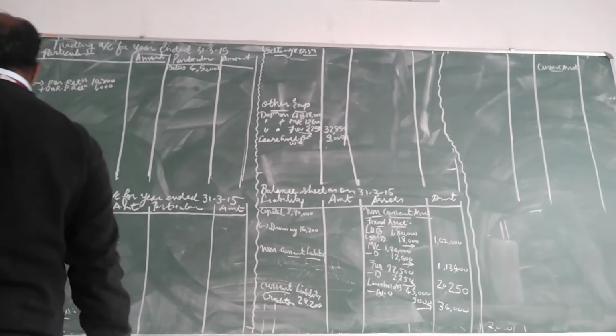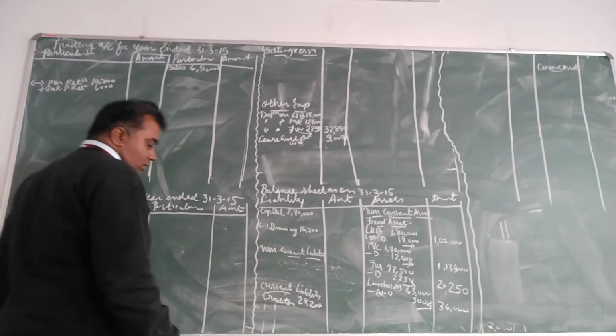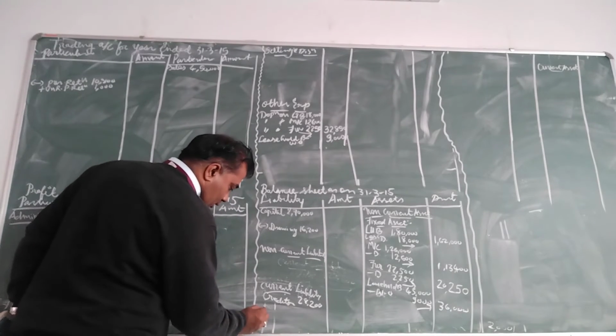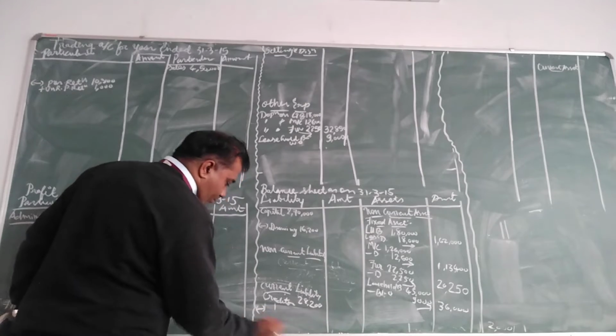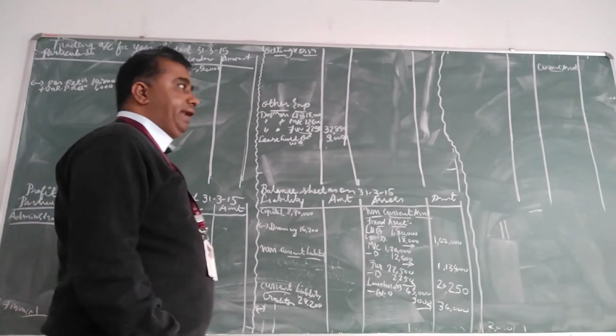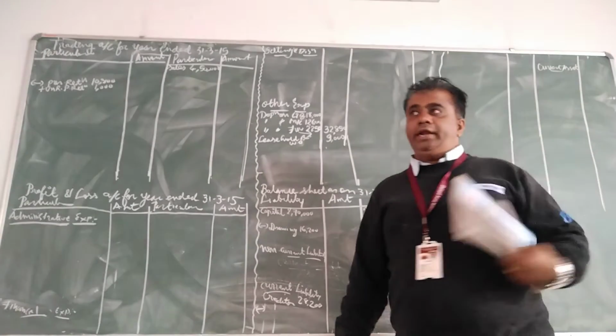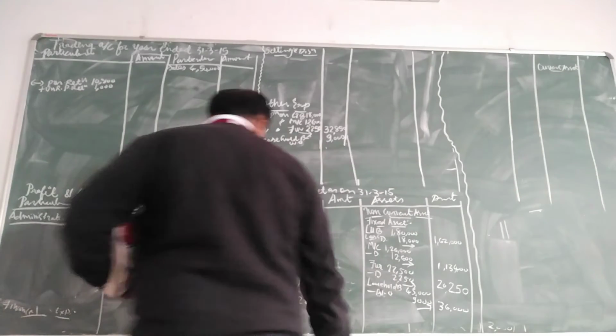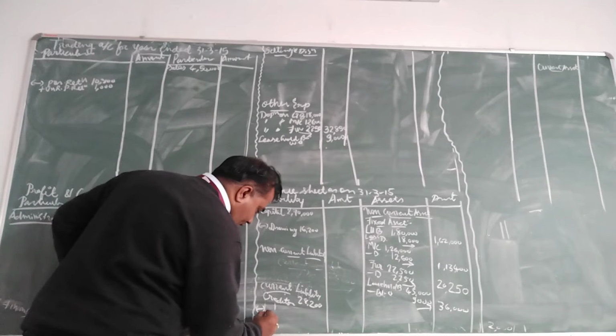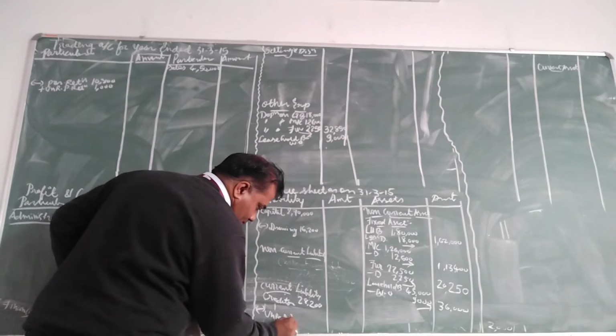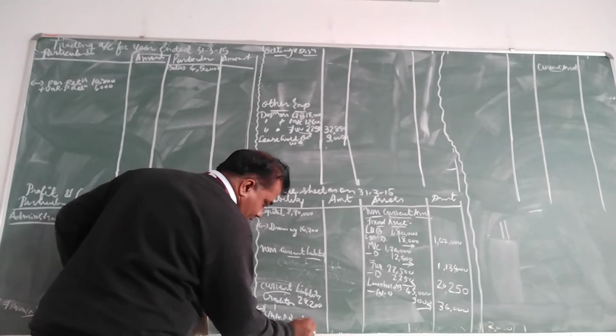Creditors are 28,200 less 1,000, because it is unrecorded credit purchase return. So it is deducted from the creditors.